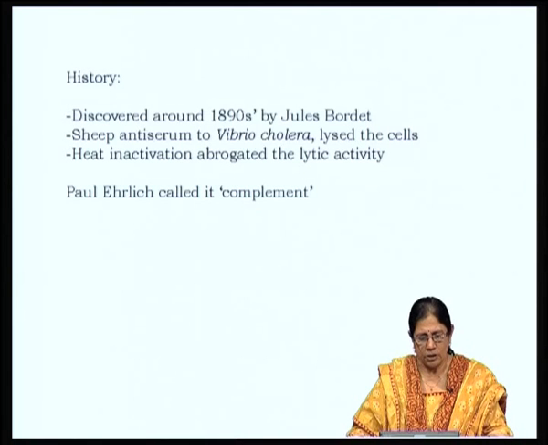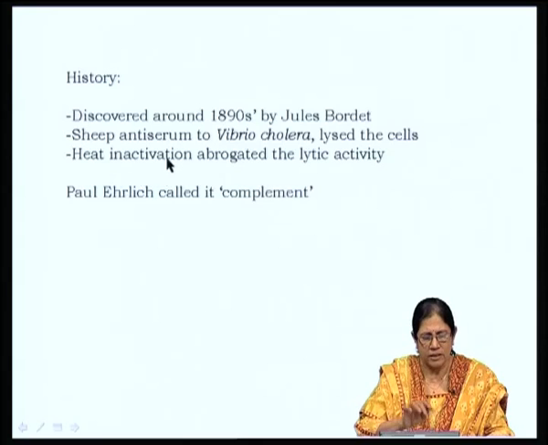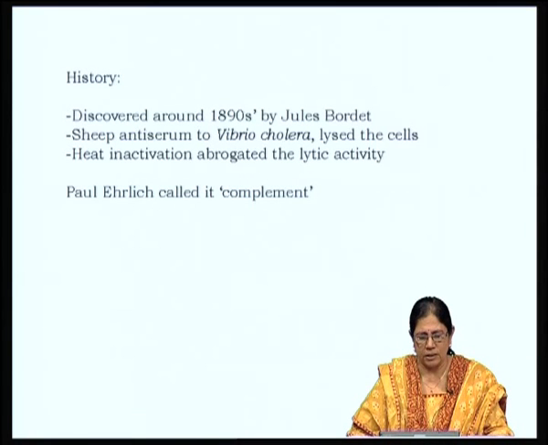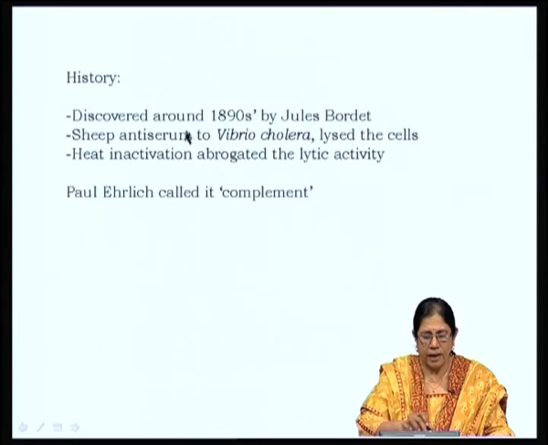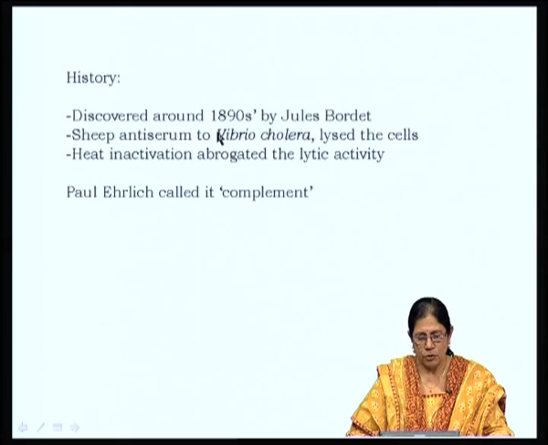Therefore, he chose to heat the serum, and found that heating the antiserum at 58 degrees did not abrogate the agglutinating activity of the antiserum to the bacteria, but it abrogated the lytic activity. So he knew that there was a component in the serum, apart from antibodies, which is able to bring about lysis of cells.